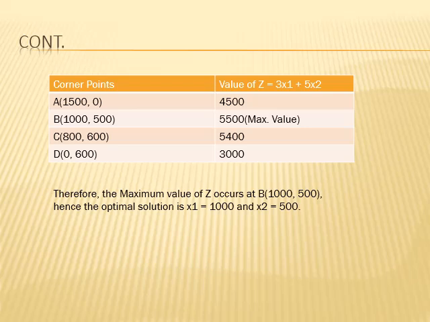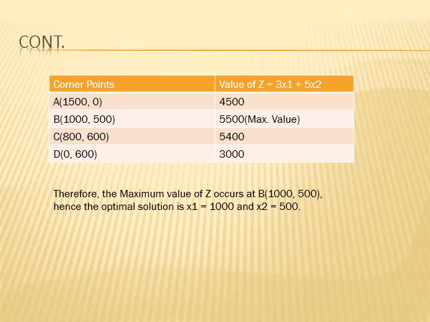Now we are going to substitute these values into the objective function. The objective function is z equal 3x1 plus 5x2. When the corner point is A, where x1 equal 1500 and x2 equal 0, then z equals 3 times 1500 plus 5 times 0.